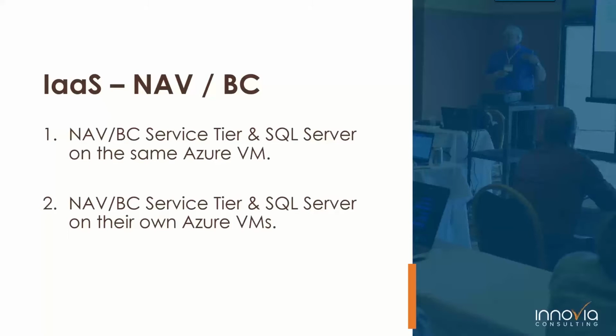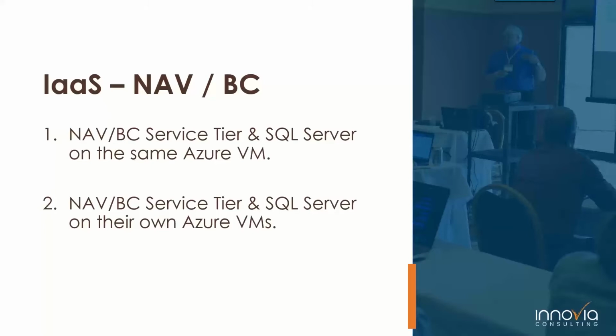With infrastructure as a service, the environment would be set up similar to the way you would set up your on-premise installation of Business Central. There are typically 2 to 3 components of your installation, depending on the version of NAV or Business Central you're using. You have your SQL Server, your NAV or Business Central application installation, and then you have your client install.